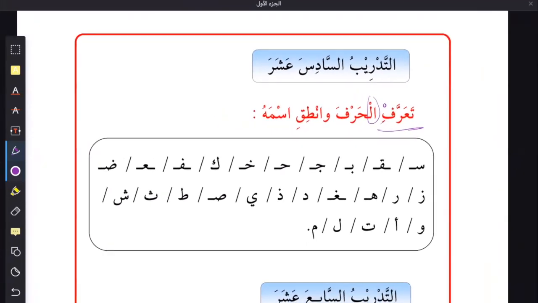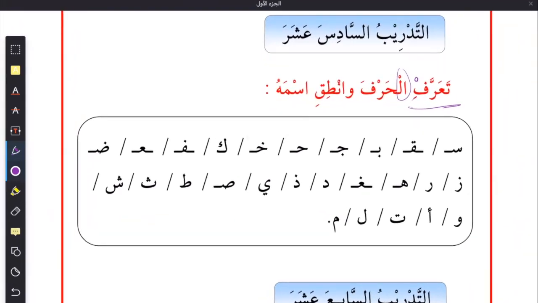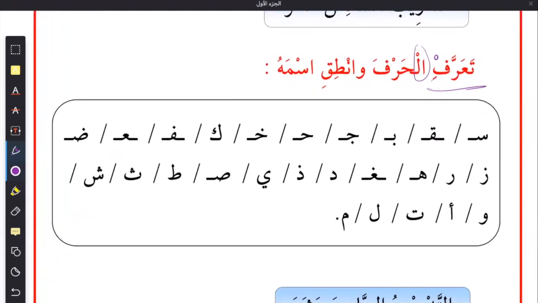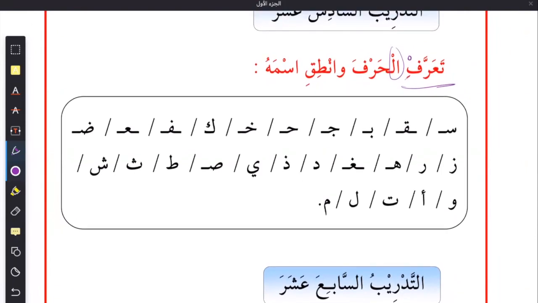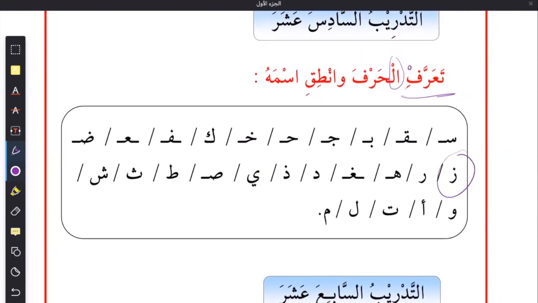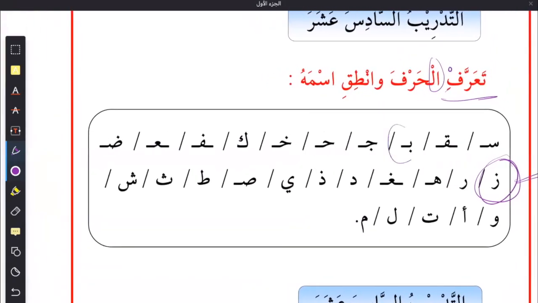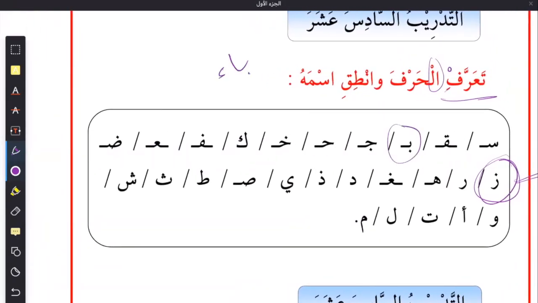So basically, they want you to know if you know the names of these letters or not. It's not my concern. You can learn them. It's very easy. I think only this letter, a lot of people don't know its name. Anybody know the name of this letter here? Yeah, that's the sound. But what is the name of the letter? For example, the name of the letter is Fa'un.